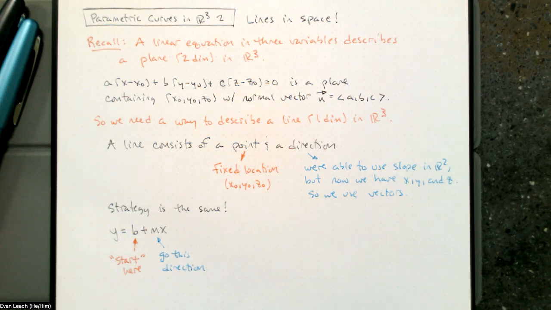Y is b when x is 0, and we add m a bunch of times. B is the fixed location, has no variable part to it. M is what we add a bunch of times. So start at B, add M a bunch of times.